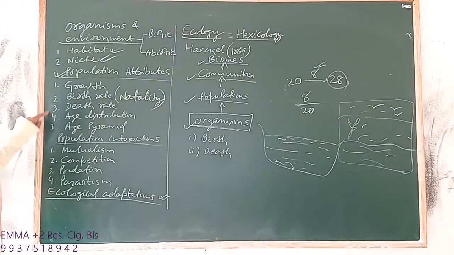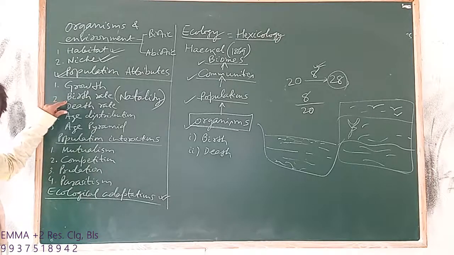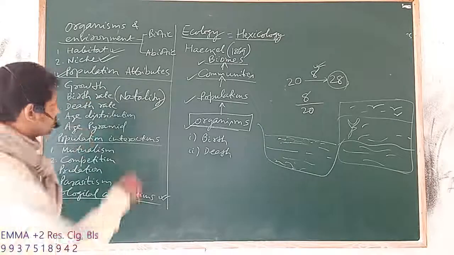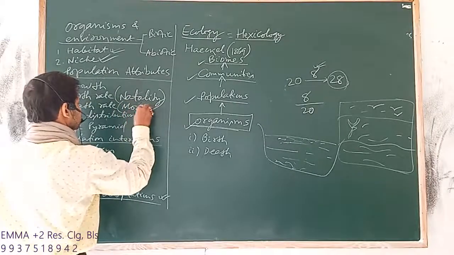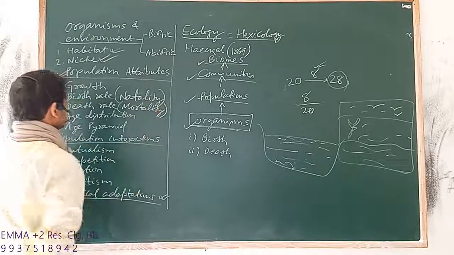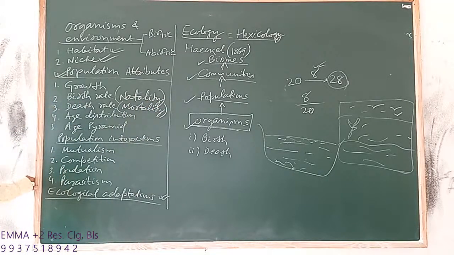These are the important attributes of a population. Population can grow when individuals or members of the organism increase. That is population growth. Population grows due to birth. Population growth can reduce due to death. So it is death rate, mortality, and birth rate, natality.